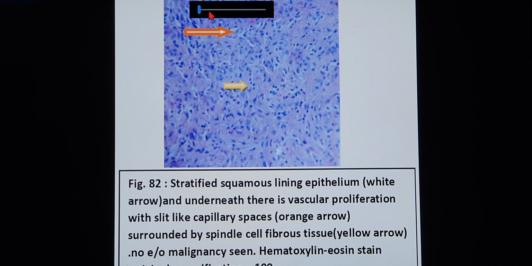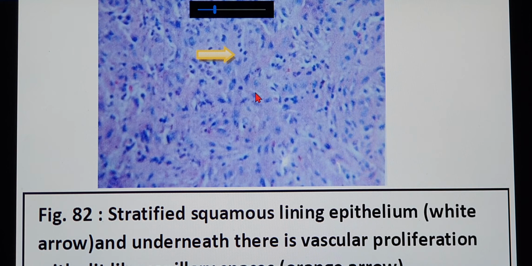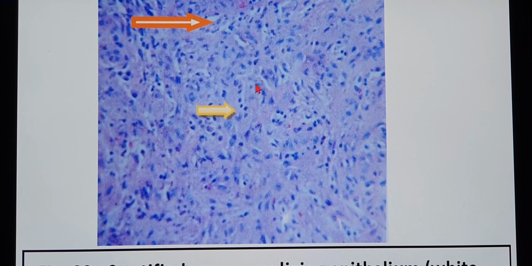If I zoom this for you, you can see a lot of lobulated spaces of capillaries surrounded by cells having a single layer of endothelium. These slit-like spaces are the numerous capillaries present in a lobulated pattern, and hence the name lobulated capillary hemangioma, mostly arising in the midline.